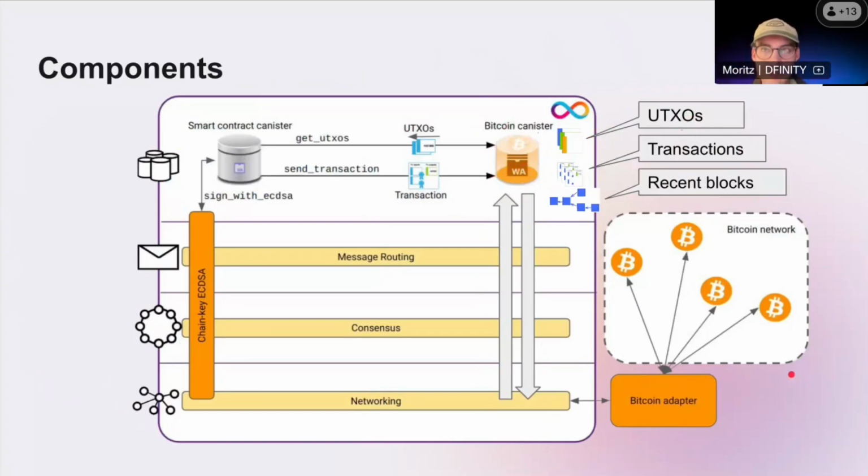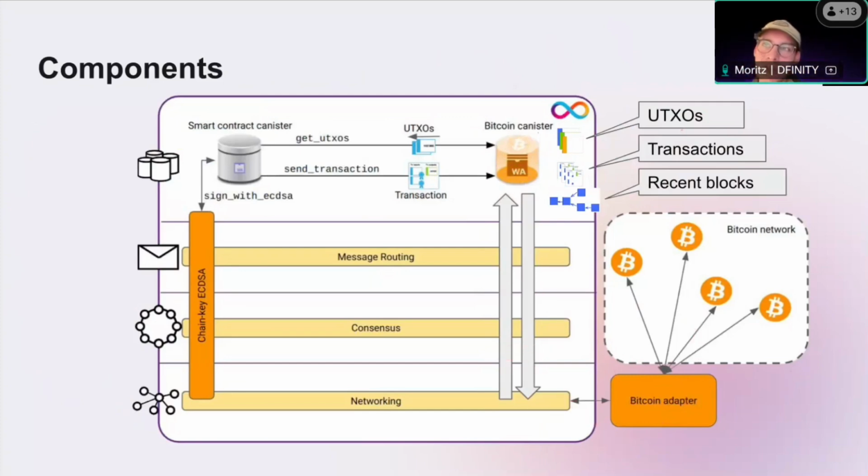And the Bitcoin adapter down here connects to the Bitcoin network, much like a regular Bitcoin node would do. It's kind of like a node stripped of everything that's not related to getting the latest blocks and ingesting them into the Internet Computer network.